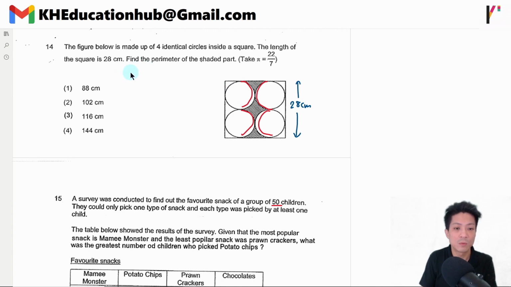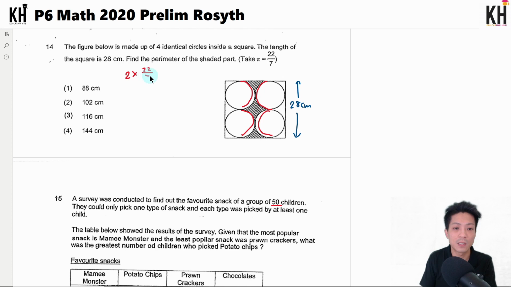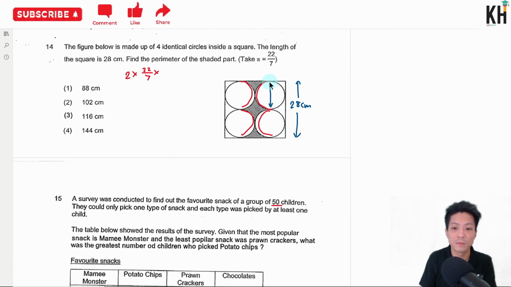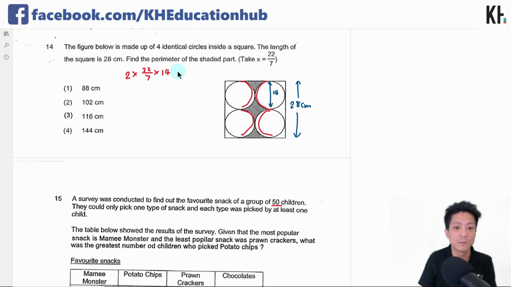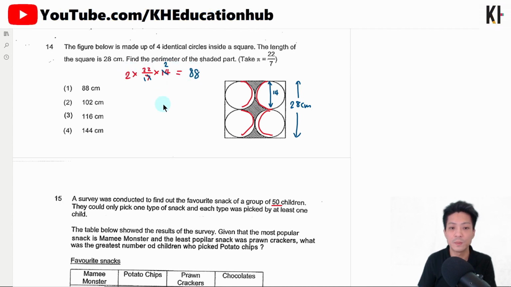So I'm gonna find the perimeter of 2 circles first. 2 times pi times the diameter of the circle, which will be 14 cm. So 22/7 times 14. Do your reducing, divide by 7, divide by 7, and it will give you 88.